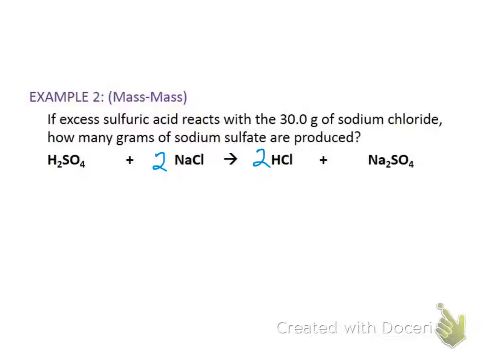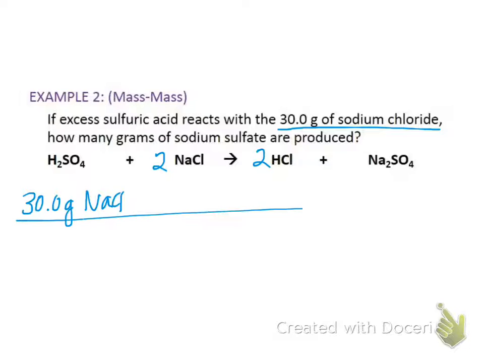All right, I'm going to start with my 30 grams of sodium chloride, and then I'm going to divide by the molar mass because I have to go from grams to moles.